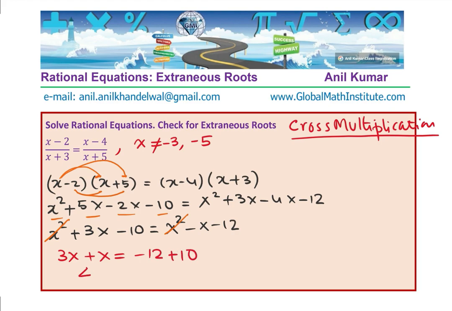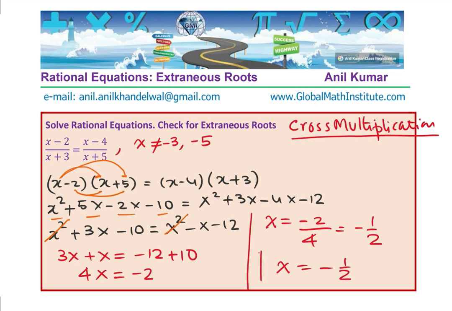So which gives me 4x equals minus 12 plus 10. And that gives me the solution that x is equal to minus 2 over 4, which is minus half, correct? So we have the solution of this equation, x equals minus half. Is that clear to you?